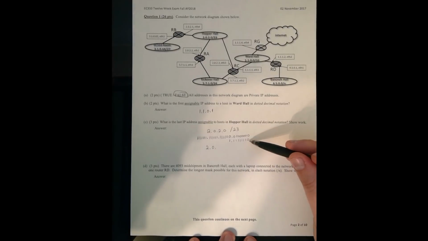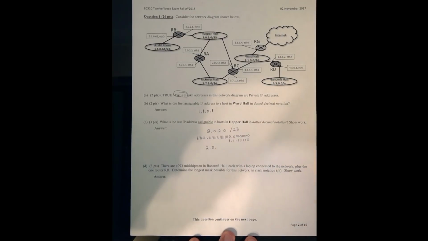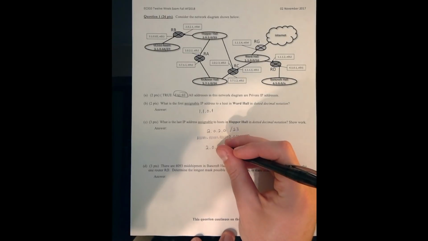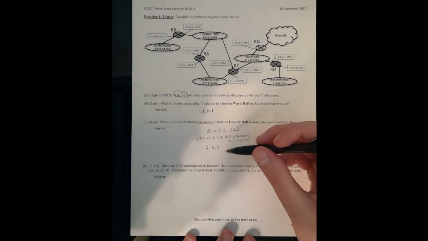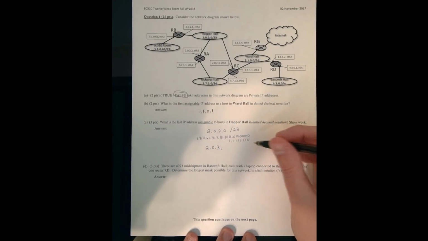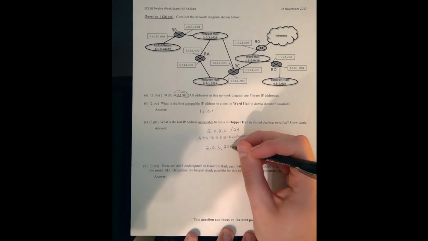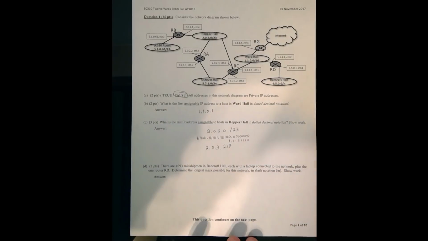The broadcast address would have a 1 here as well. So 2 plus what is here is just 3. We're adding another 1, so 2.0.3 is the answer to that digit. And then the final digit is going to be pretty simple. It's just all ones except the 0 at the end, so that is 254, since the maximum for 8 ones is 255. Okay, so that is our last assignable address in Hopper Hall.